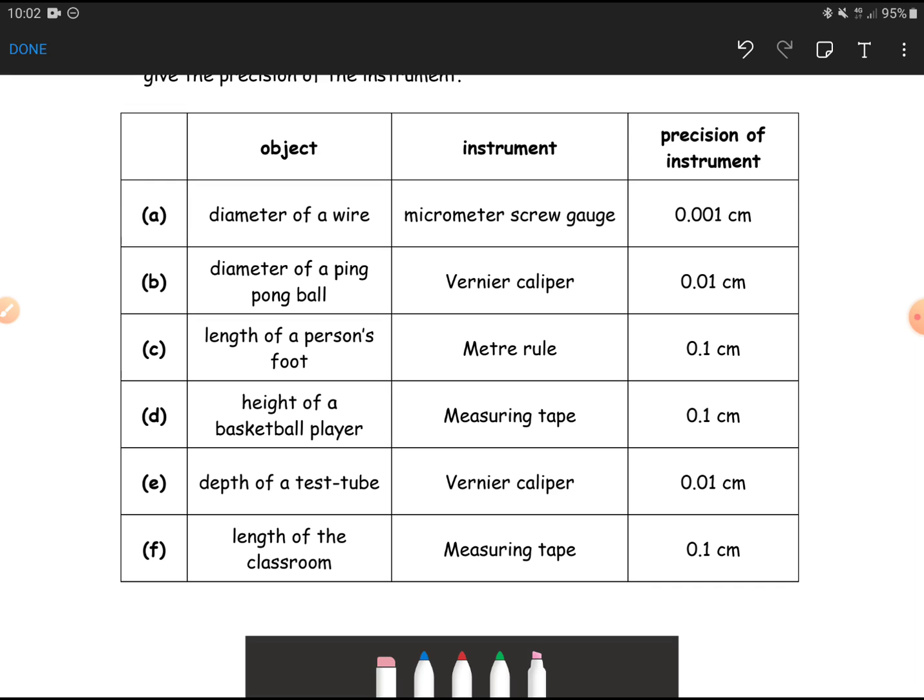Starting from the longest one, would be your measuring tape, number 1, with a precision of 0.1 cm. And then your meter rule with the same precision of 0.1 cm. The third one will be your vernier caliper with a precision of 0.01 cm. And the fourth one would be your micrometer screw gauge with a precision of 0.001 cm.